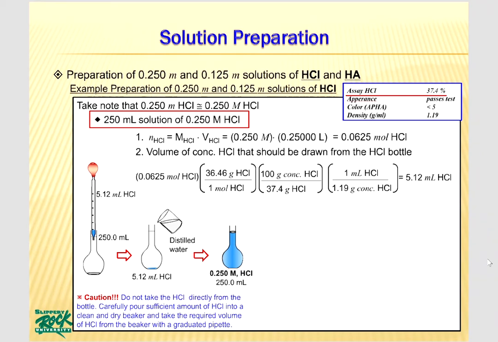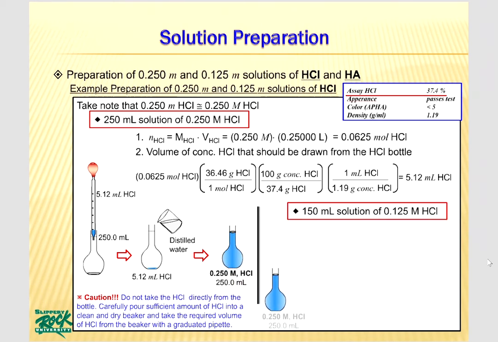The next step is to make 150 milliliters of 0.125 molar HCl solution by diluting the 0.250 molar HCl solution. Transfer 75 milliliters of 0.250 molar HCl solution into a 150 milliliter volumetric flask.